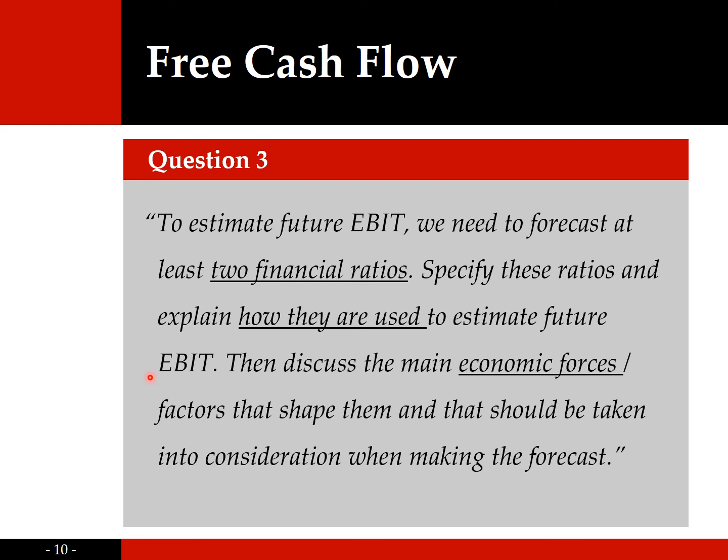That is to say, what computational steps do you need to perform to obtain EBIT with the use of the 2 financial ratios. After that, I want you to discuss the economic forces or factors that shape them and that a rational financial analyst should keep in mind when forecasting them.